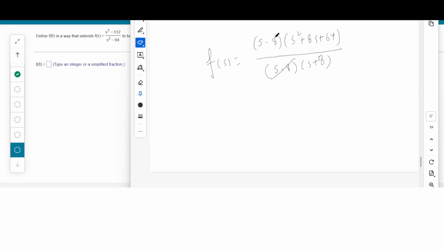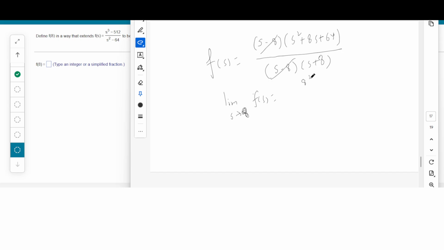After that, s minus 8 cancels. At the beginning, the function was undefined when s is equal to 8. Now if you try to find the limit of this function as s approaches 8, sorry, not infinity, 8, you just have to plug in s as 8.